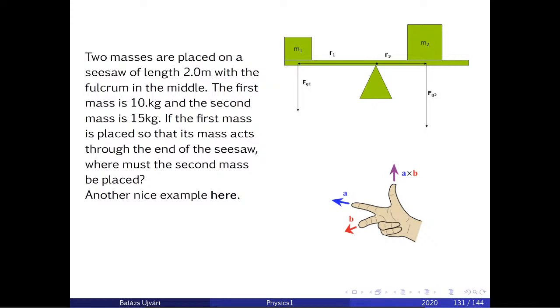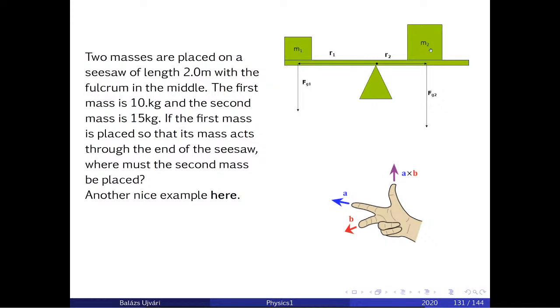If, for example, this is 2 meters and 10 kilograms, this is 20 Newton meter. If the force, 10 kilograms is 100 Newton, 100 times 2 is 200, so the torque 1 is 200 Newton meter.